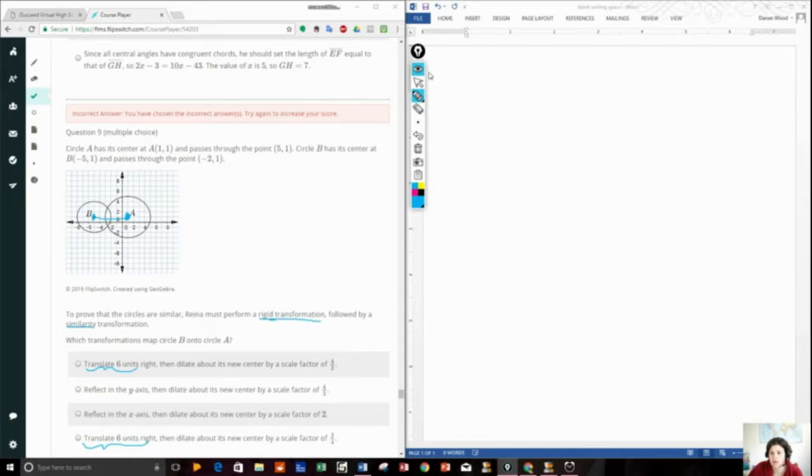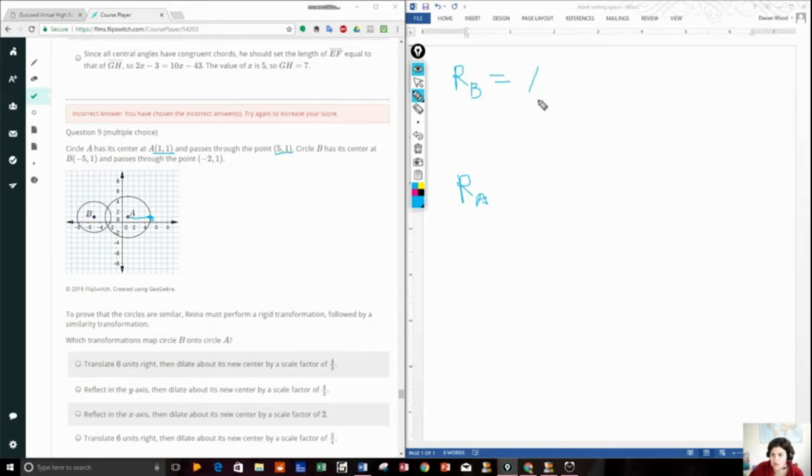So what is the radius for circle B and the radius for circle A? So let's count those out. From the point at its center to the point at its edge, it's (5,1) for circle A. So from its center to (5,1) we have 1, 2, 3, 4.